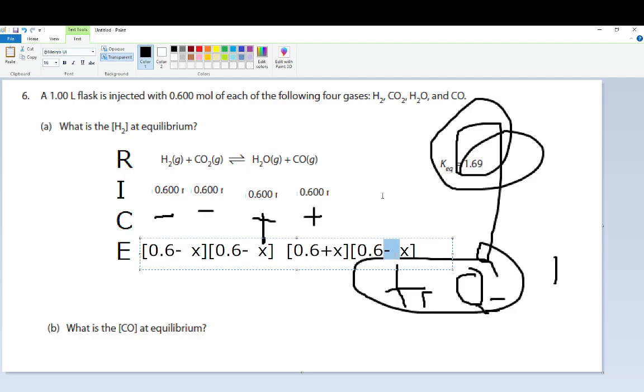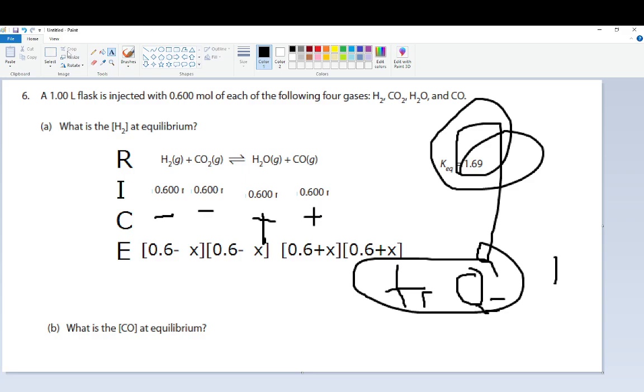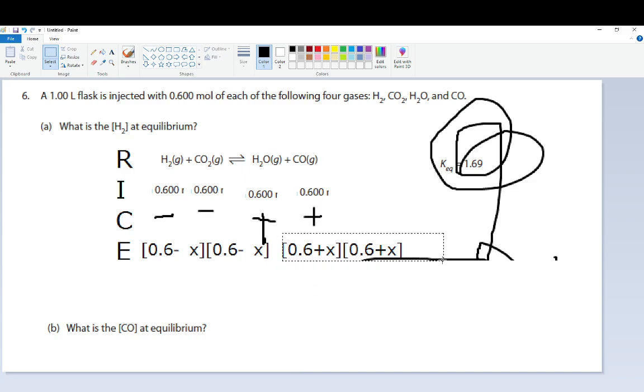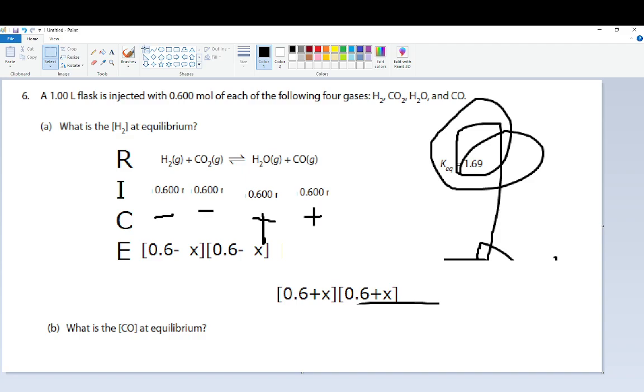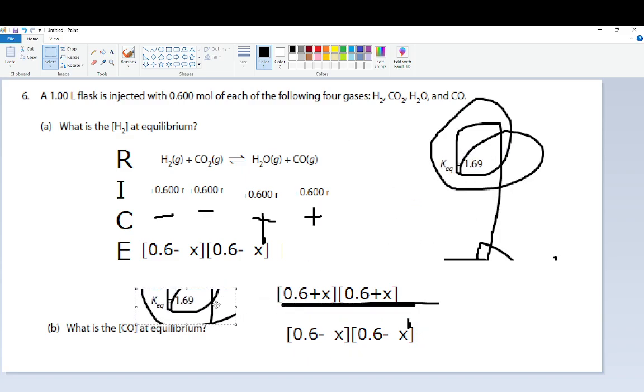And then when I do the KEQ equation, it's simply going to be this. KEQ is equal to my products divided by my reactants. But they've given me the KEQ is 1.69. Notice that this top can be rewritten as just squared. And this bottom can just be rewritten as the same thing squared.